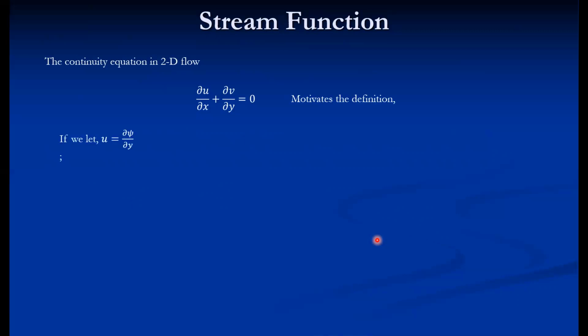Second function that we will discuss is the stream function. So we know the continuity equation for 2D flow, that is ∂u/∂x plus ∂v/∂y, equal to 0. And which motivates the definition of u and v.